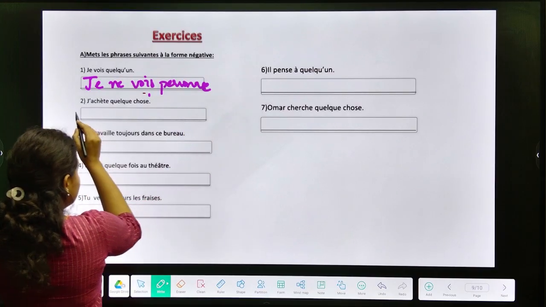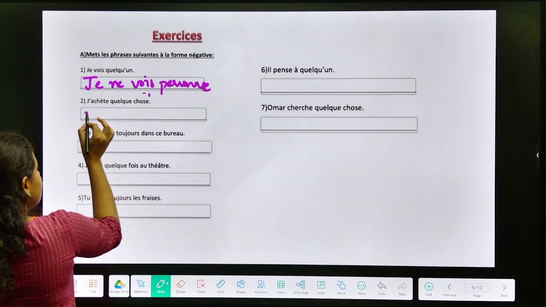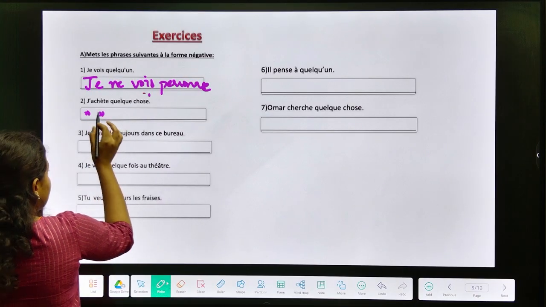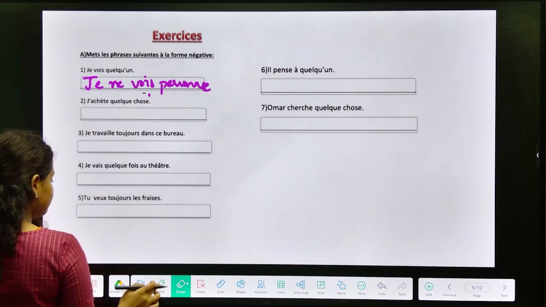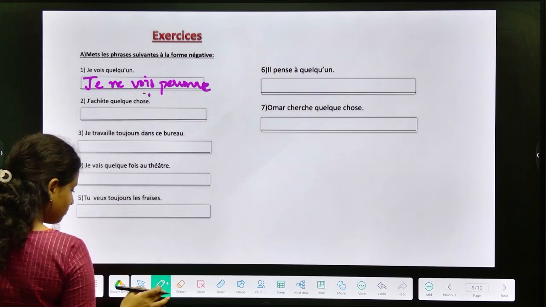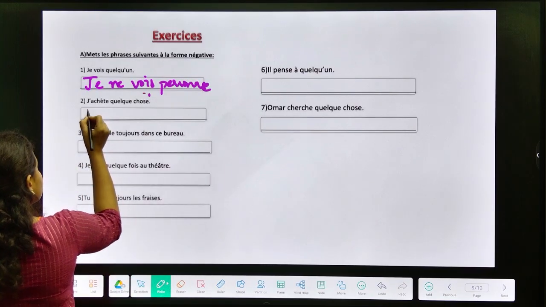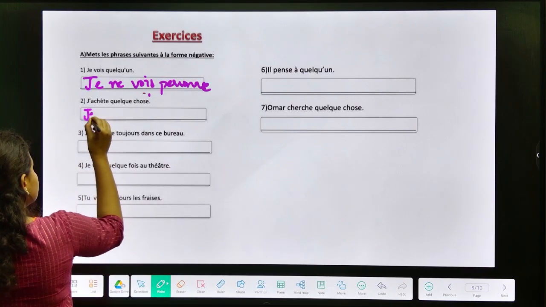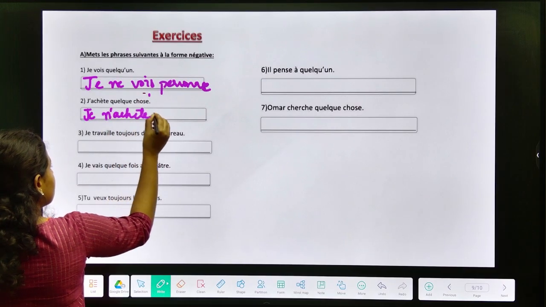Then you have j'achète quelque chose. I purchase something. It will be I purchase nothing. It will be je n'achète rien.